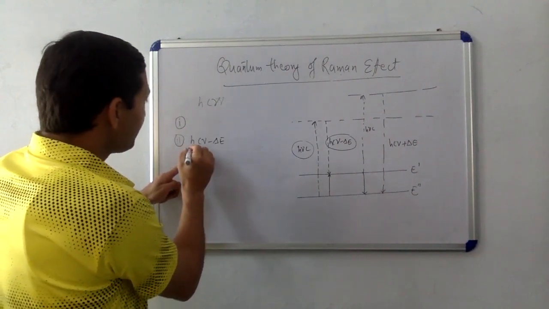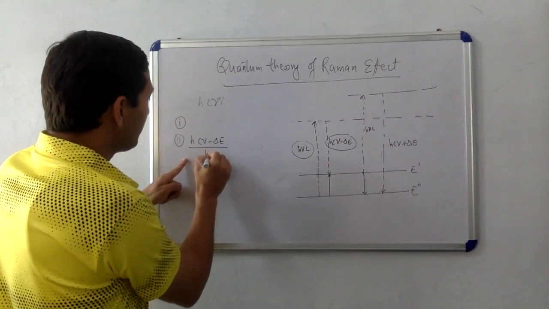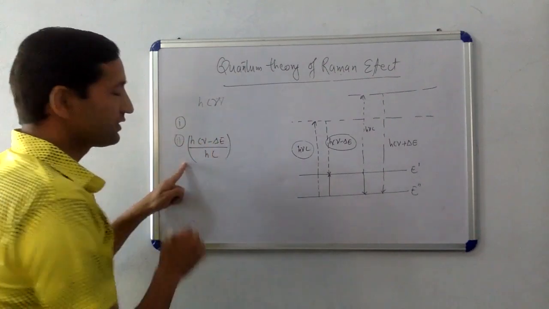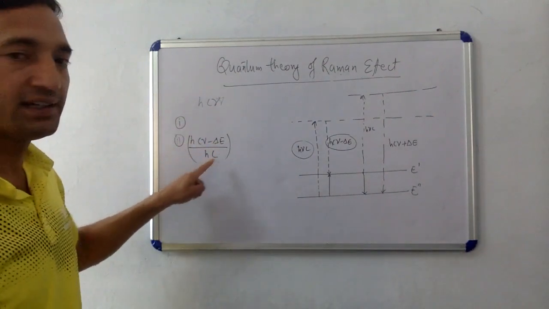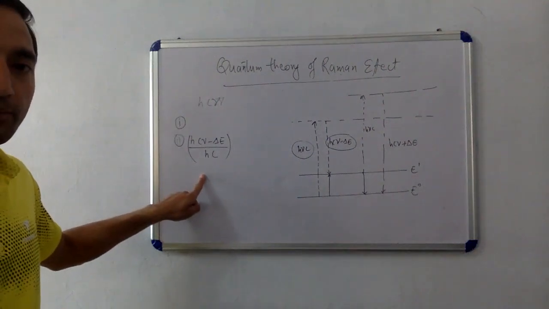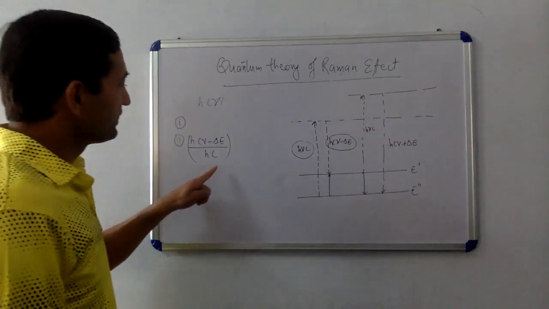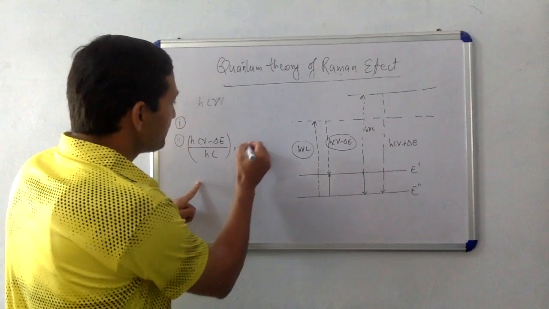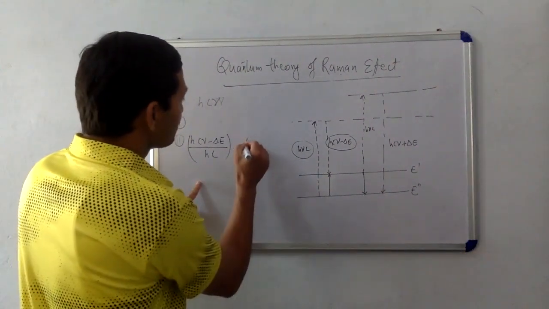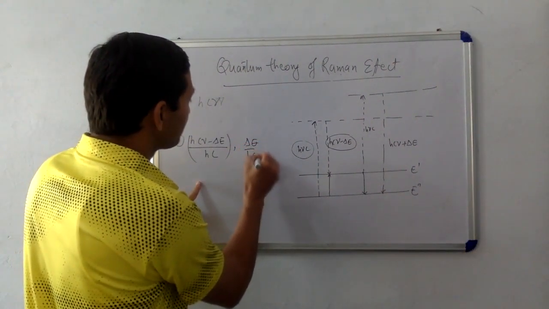If I represent this in terms of wave number, then the wave number of the scattered photon is (hc nu minus delta E) divided by hc. The total shift is delta E divided by hc.